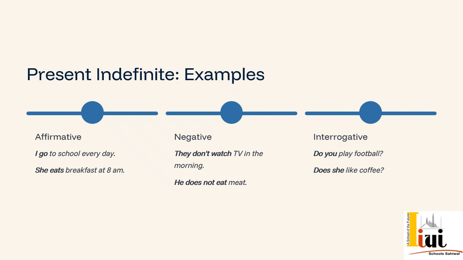They don't watch TV in the morning. He does not eat meat. So he is a singular subject, so we add es in it. Interrogative: do you play football? Does she like coffee?